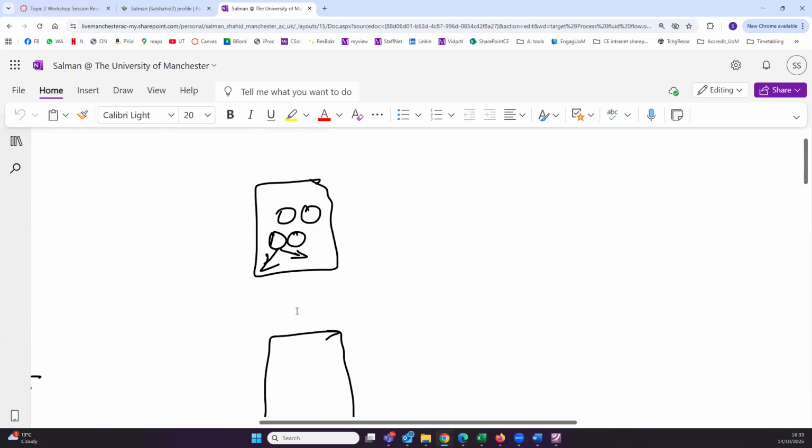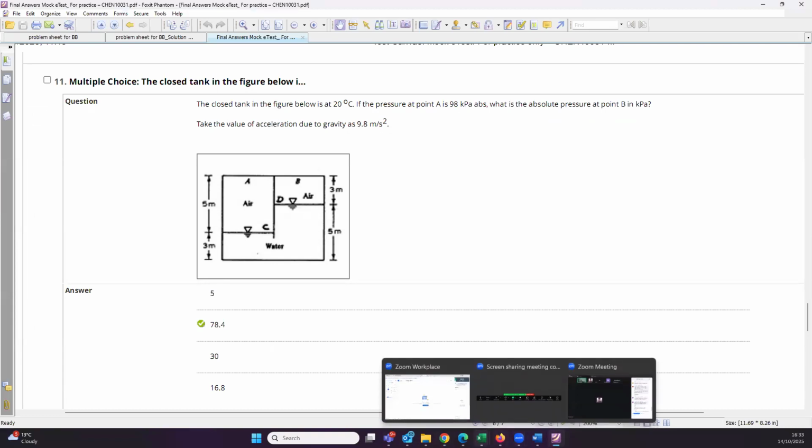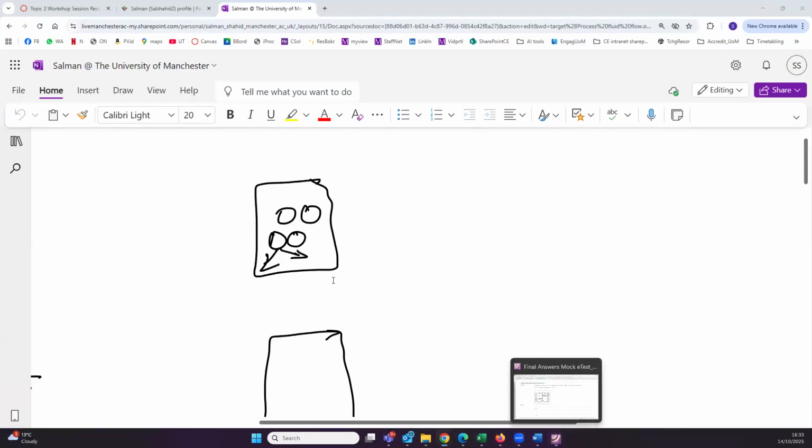Okay, so that's the main difference between gas and the liquid. So when you are saying that the pressure at point A and the pressure at point C are equal, that is 100% correct. And that is exactly the same thing that we have been solving previously.